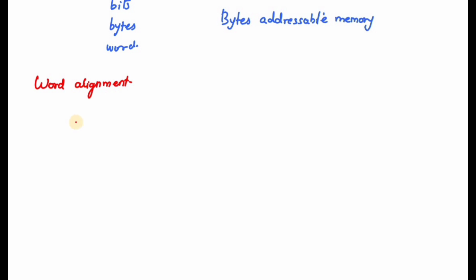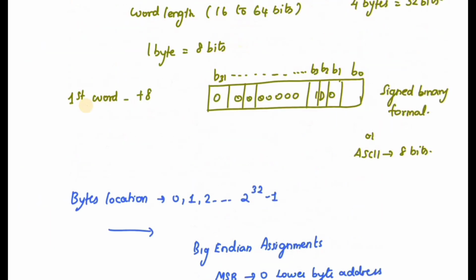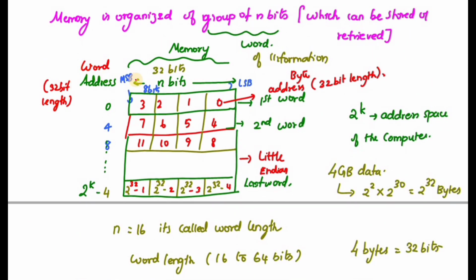The number of bytes in a word is usually a power of 2. So it should not be 30 bytes. It should be a power of 2, like 16, 32, then 64 and so on.